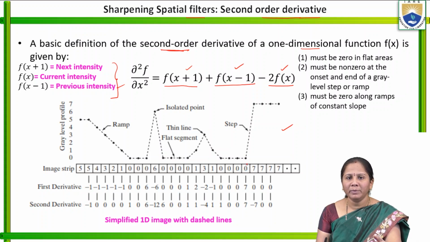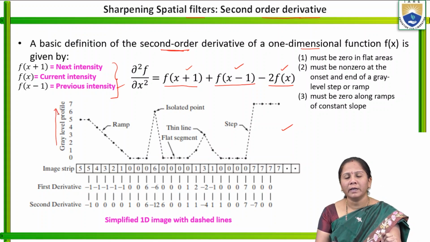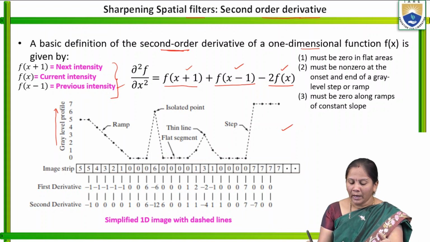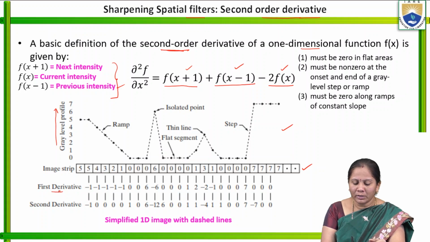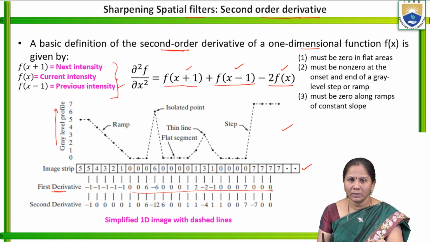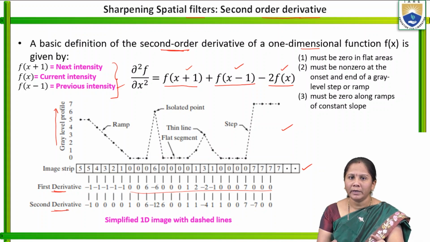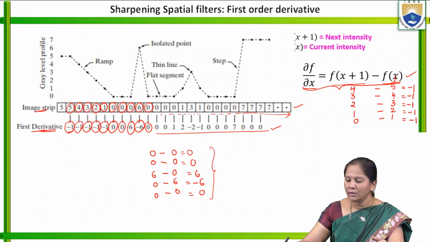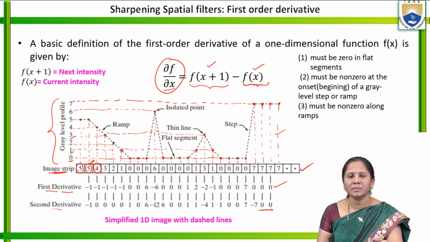We have seen how this gray level scale is drawn and how this image strip is drawn from the graph. And we have already discussed how the first order derivative values are written. Now we have to see how the second order derivatives are written. So first order derivatives we have already seen. Now we have learned about the second order derivative.